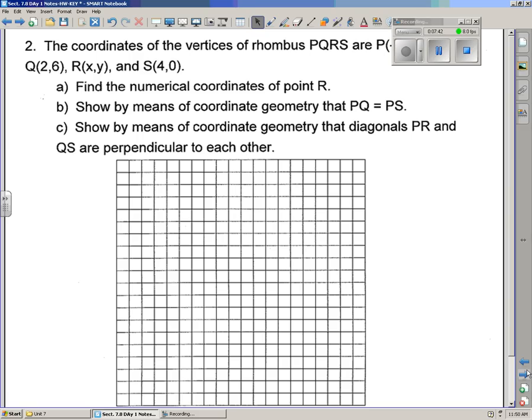So the idea is if we start plotting some of these things, we've got to plot negative 3, 1, which is P. Q is 2, 6. R we don't know, S is 4, 0.